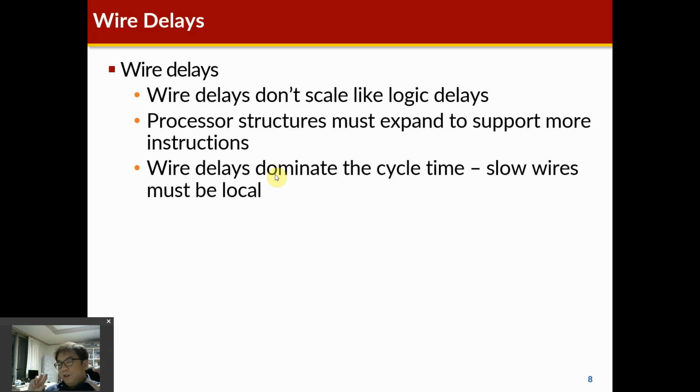So we can scale these CMOS transistors, but wires we cannot scale. Wire delay doesn't scale like logic delays. That means we cannot scale down these metal wires. So what's the problem? We cannot reduce the wire delays as much as the CMOS logic delays.